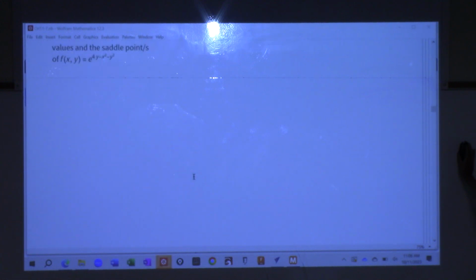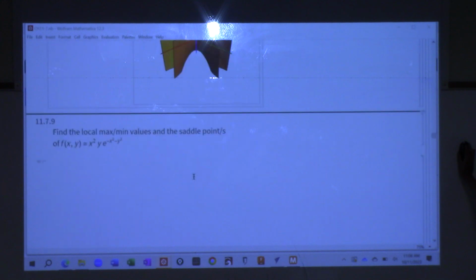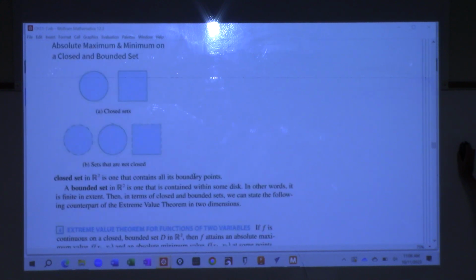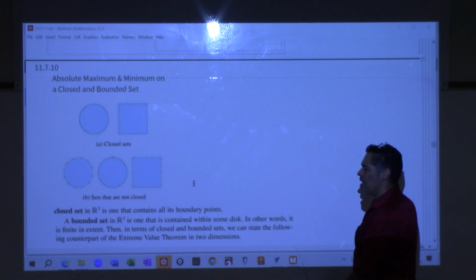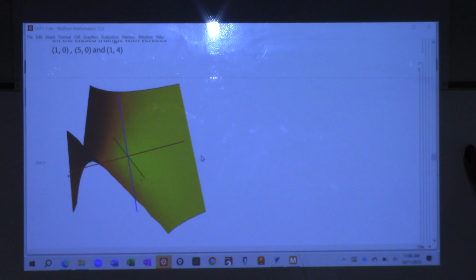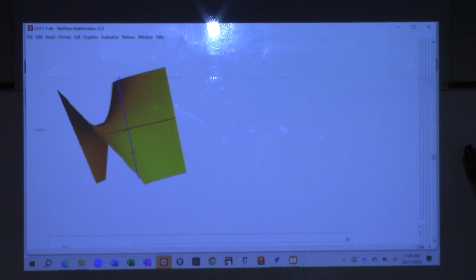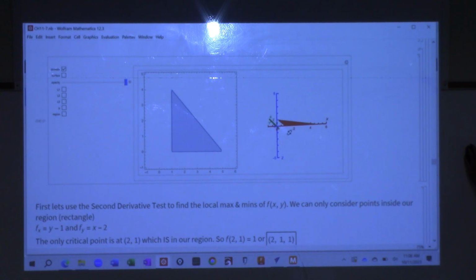All right, so we went through all these problems, calculating D, and then we finally shifted gears, which is where we ended. We said, now we're going to take our surface, and instead of looking at the surface on its entire domain, we're going to restrict that domain to a closed bounded set.